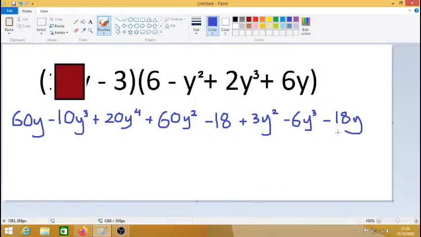If you're done with the expanding, then just have a quick look to see if anything can be simplified, combined. 60y minus 18y. You've got minus 10y cubed, can be combined with minus 6y cubed. You've got 60y squared.